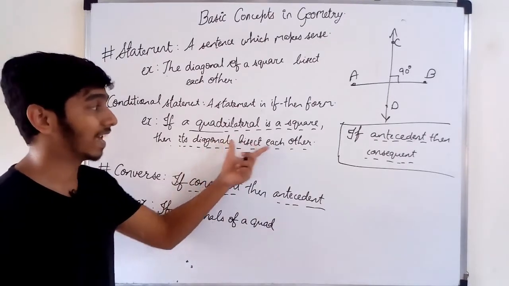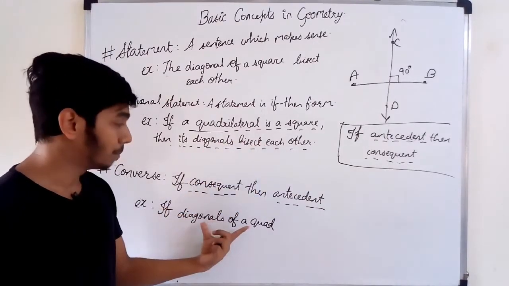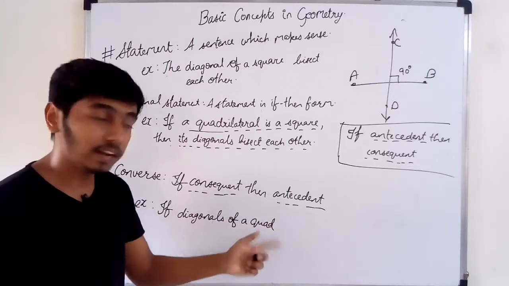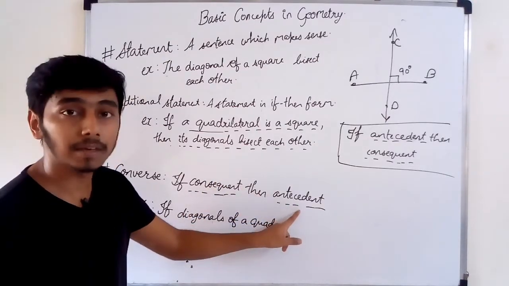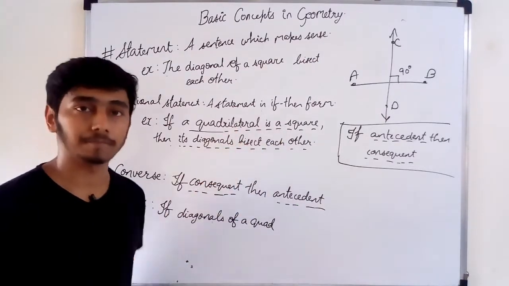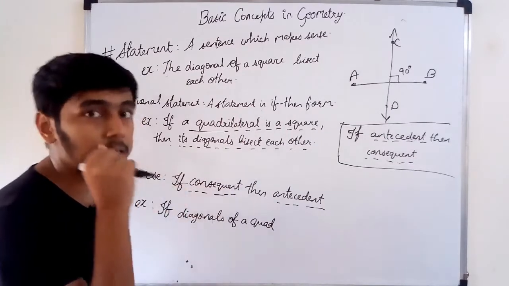So the meaning which is diagonals bisect each other will come before then. After then, it will come that it is a square. So let's understand that.